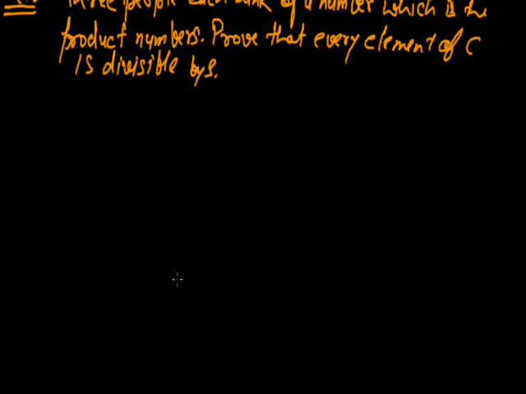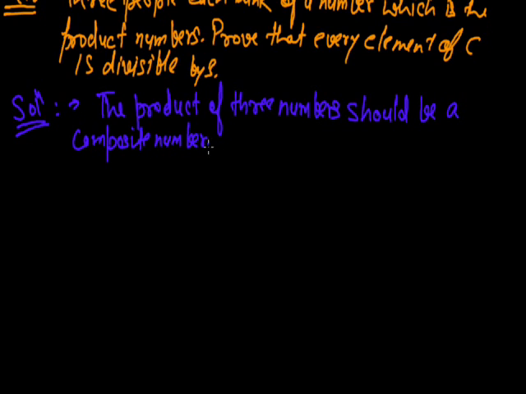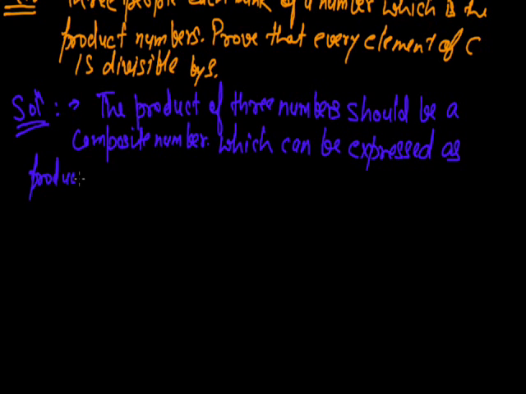To solve the above question, as we have been given that the product of three numbers should be a composite number, which can be expressed as a product of six primes.